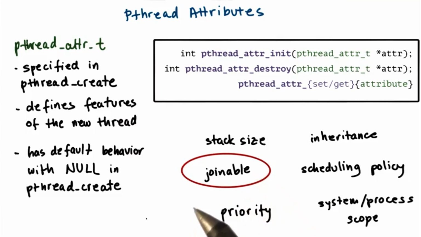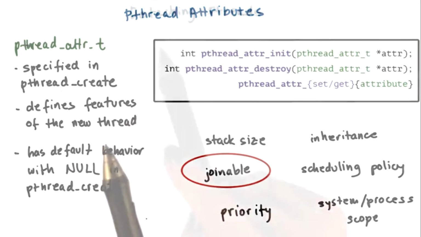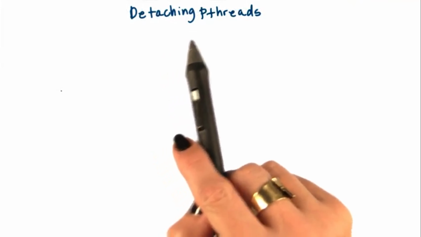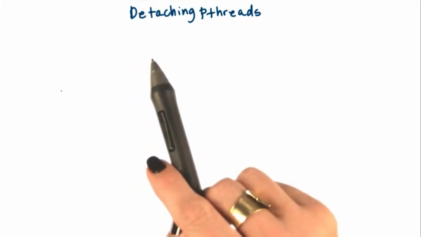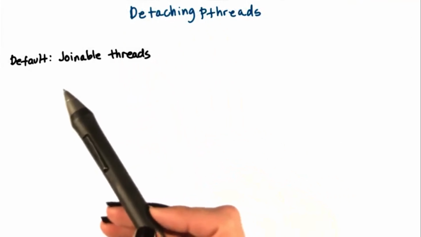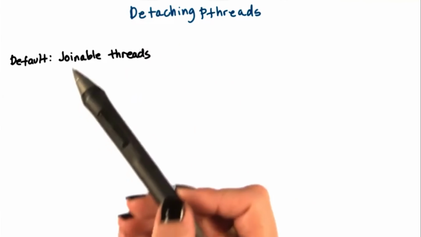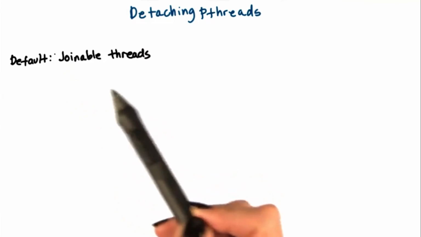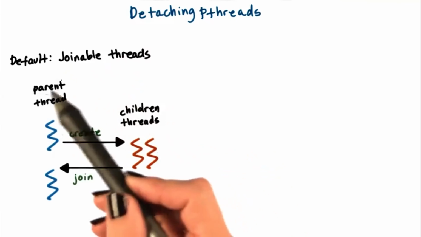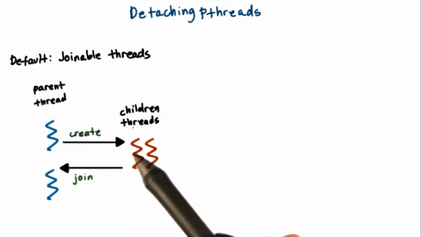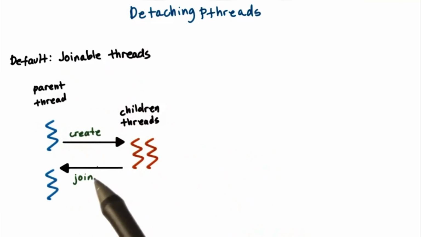To explain this, I will first need to explain some mechanisms that are supported by pthreads but were not considered by Birrell. The mechanism not considered by Birrell is detachable threads. In pthreads, the default behavior of thread creation is just like what Birrell described. The threads are joinable. With joinable threads, the parent thread creates children threads and can join them at a later time.